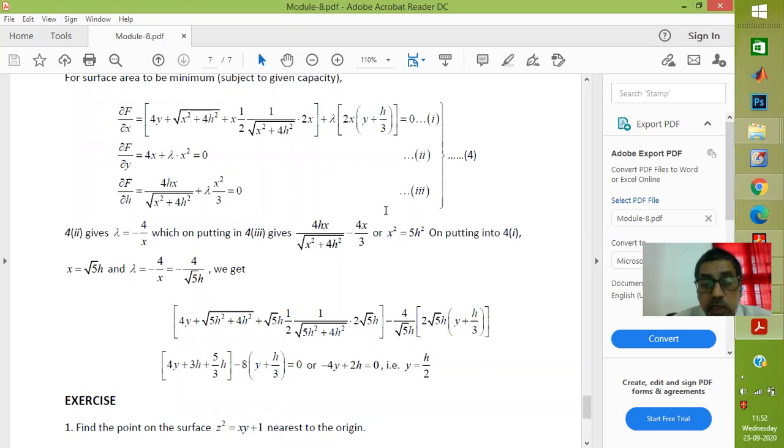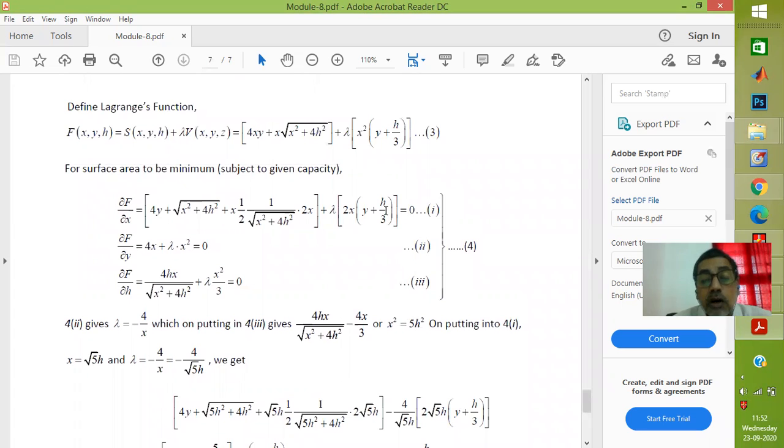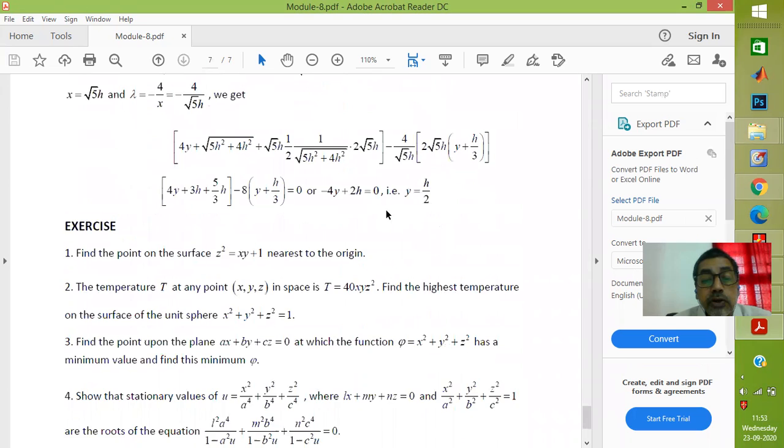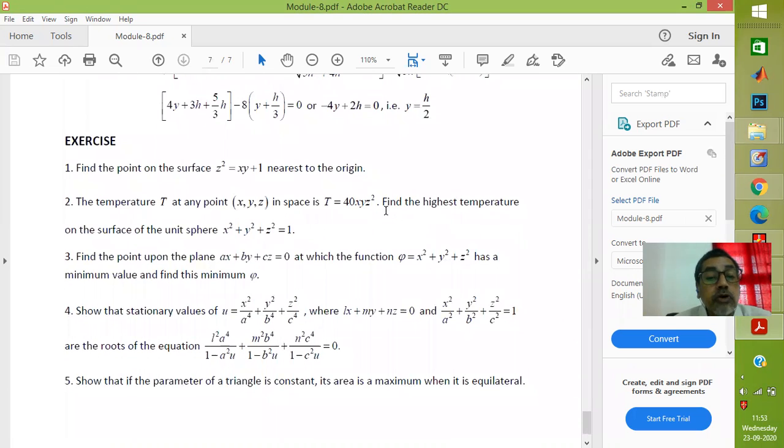So this is a good problem to be tried again. All of you are advised to work on such problems, and for your practice, there are a few problems here. There is the first problem with one constraint, second problem with one constraint, and third one with one constraint, but the fourth one coming with 2 constraints, and fifth one with a single constraint.